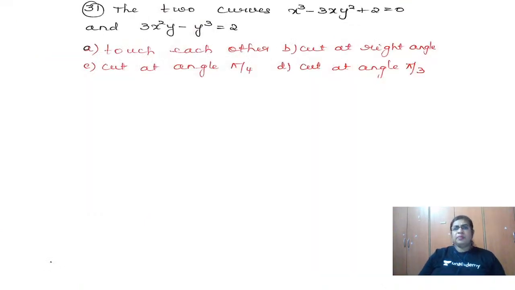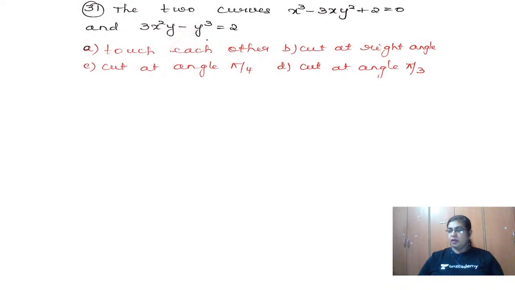The question number 31 is in front of you. The question tells us about two curves: x cube minus 3xy square plus 2 is equal to 0, and 3x square y minus y cube is equal to 2.